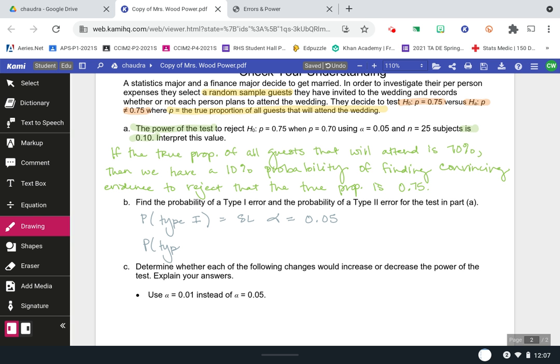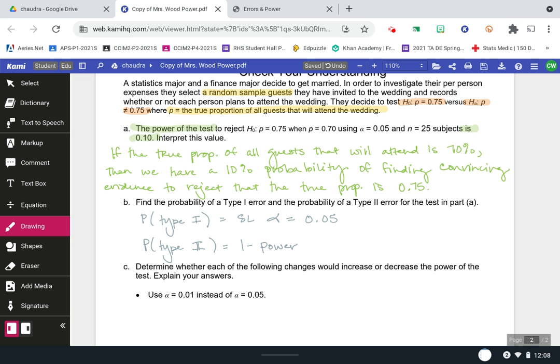For the type 2 error, and this is a good review from the lesson that you did on your own at the beginning, it's 1 minus the power. We weren't told anything about type 2, but we know that the type 2 error plus the power is 100%. You either made a good decision or you made a bad decision.